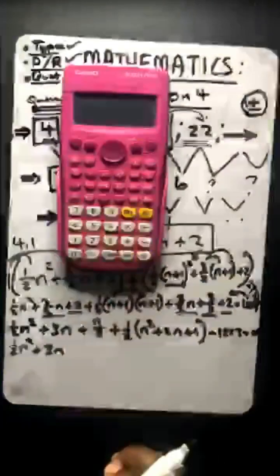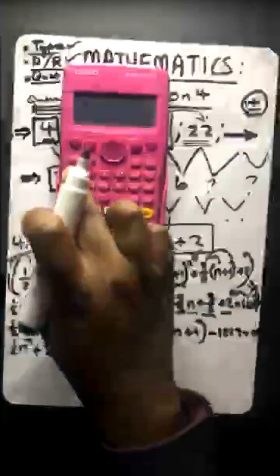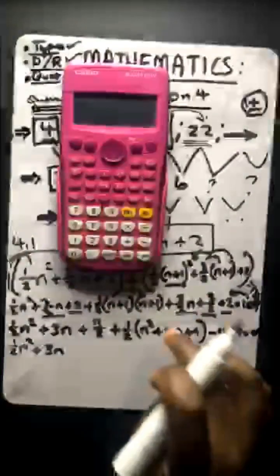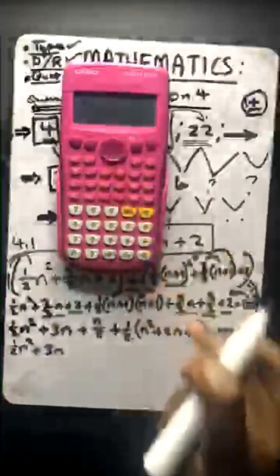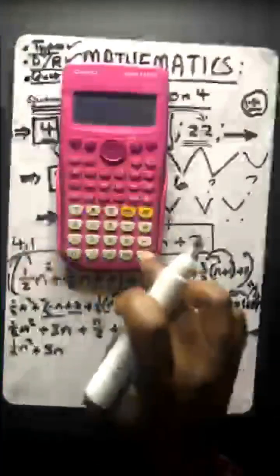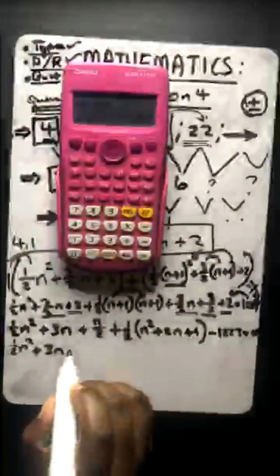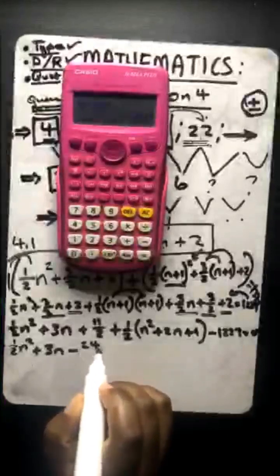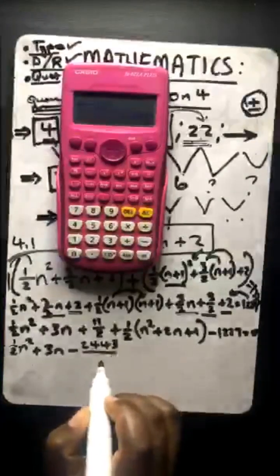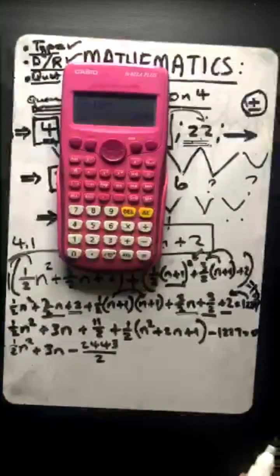This is 11 over 2 minus 1227. Then you end up having a negative value being 2443 over 2. Sure, it's getting complicated now.